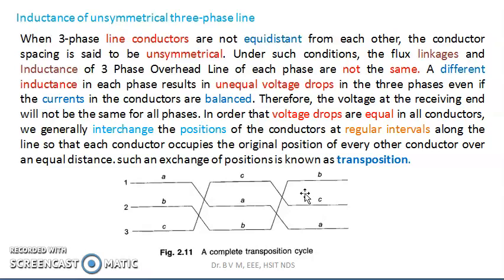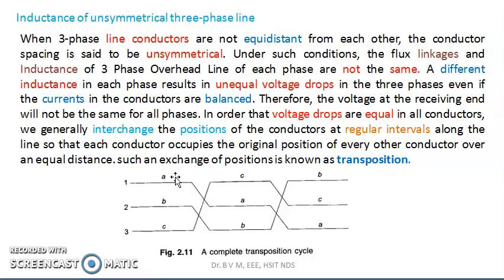Here, let us consider conductor A, phase A. I will calculate only the inductance of phase A, and the same will apply to the other two phases also.